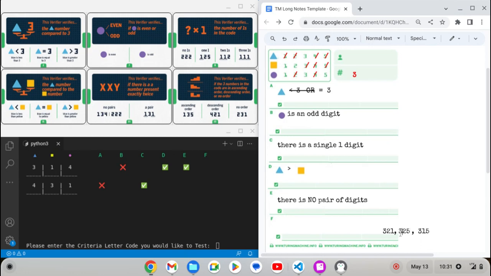There's no 1. Yeah, there's no 1. 3, 2, 1. Okay, so it can't be 3, 2, 5 because there is no 1. Oh, that's interesting. Okay, well then that would mean that I can test F because I have either descending or no order. Okay, wow, that's amazing.